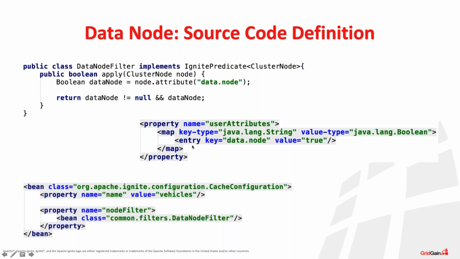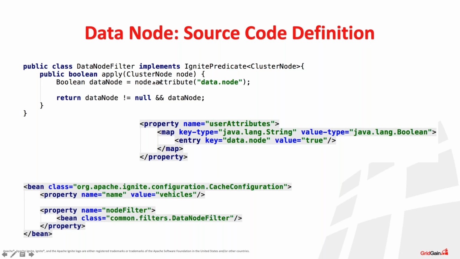This is a part of the Spring XML configuration that is used to start our data node. As you see, every node that uses this configuration will have this attribute defined upon startup. Then when this node joins the cluster, this filter will be triggered for it.